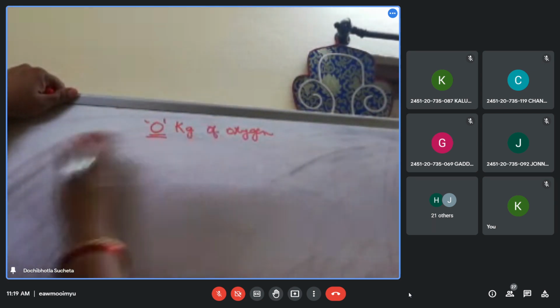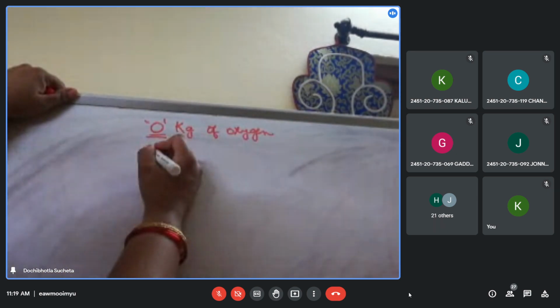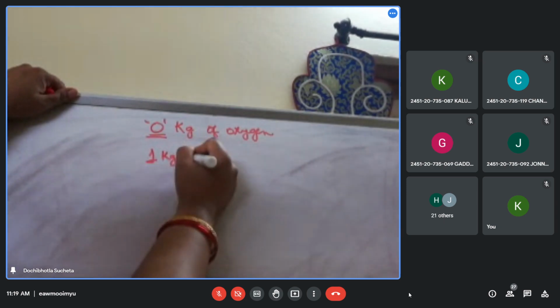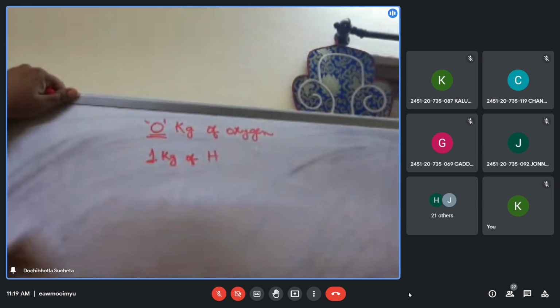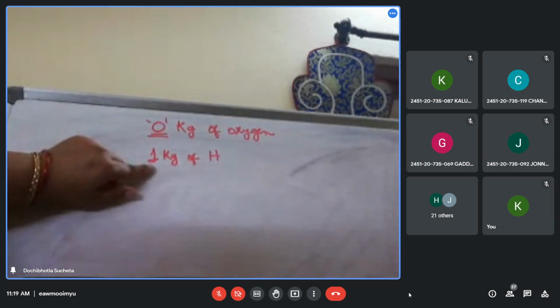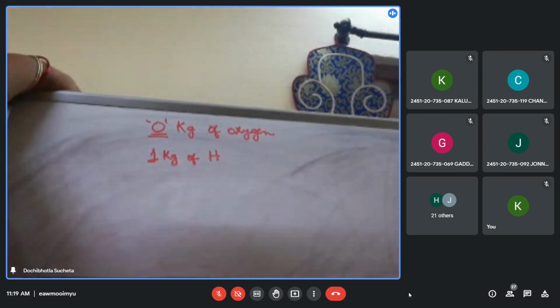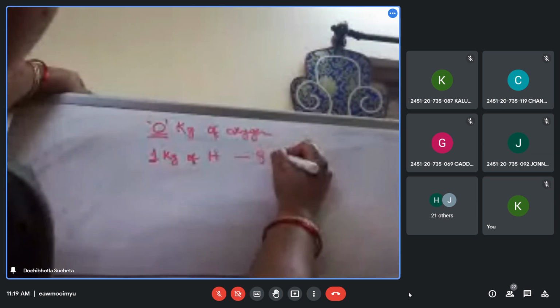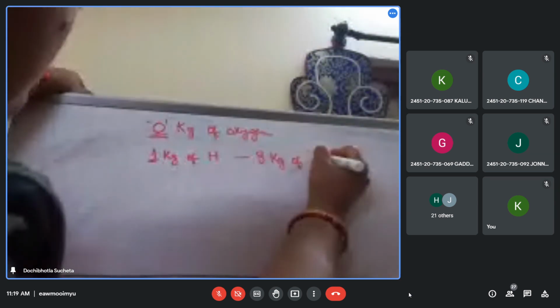So 1 kg of hydrogen will react with how many kgs of oxygen? 8 kgs of oxygen.